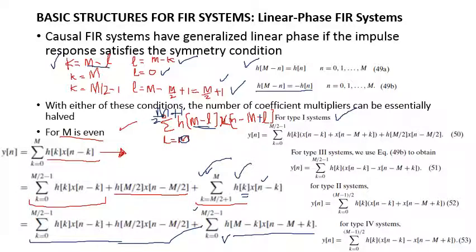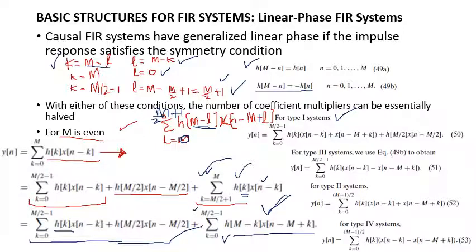Okay, so that means instead of using two summations, we can use a single summation, because these coefficients have the same value. Thus we can write y of n equals the sum for k running from 0 up to m by 2 minus 1, h of k into x of n minus k plus x of this one, right? Because we have different values for the input signal, we have only the symmetric impulse response.